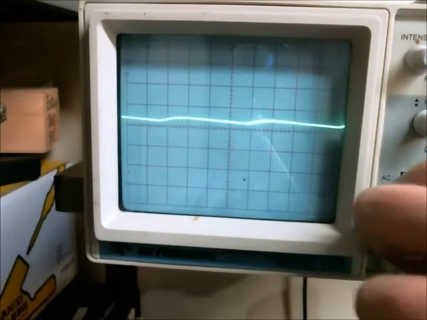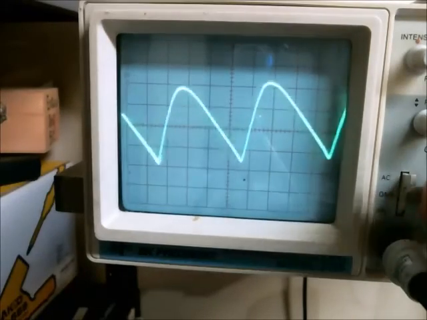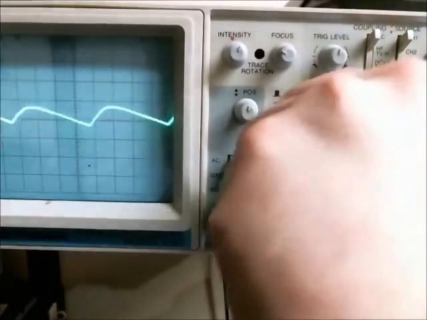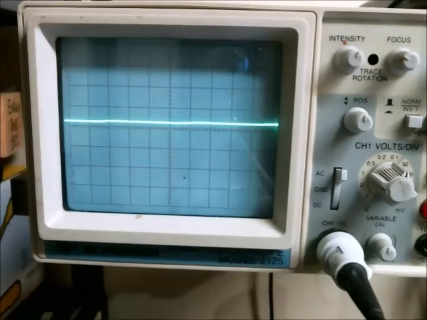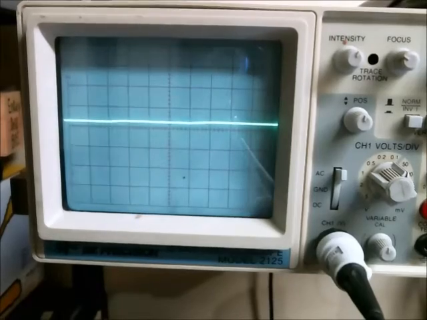If I increase the volts per division, you can see it a bit clearer. But that's at 5 millivolts, and previously I was measuring at 100 millivolts per division. So that gives you some idea of scale regarding the ripple.